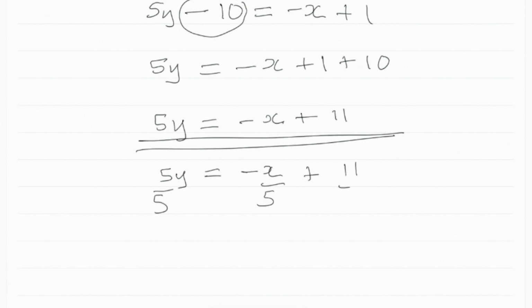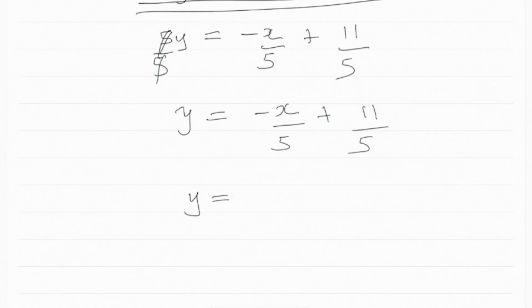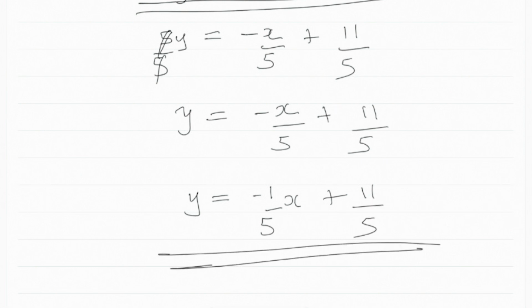This 5 into 5 eliminates. We have y equals negative x over 5 plus 11 over 5. If you want, you can write y equals negative 1 over 5x plus 11 over 5 as the equation of the normal.